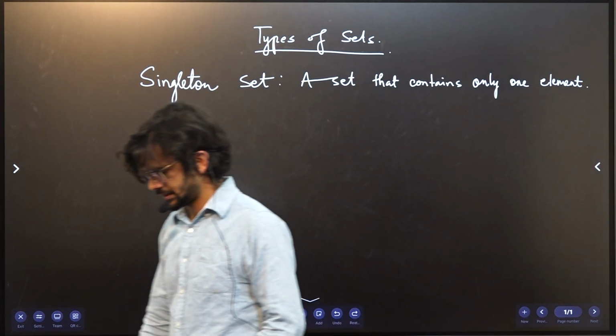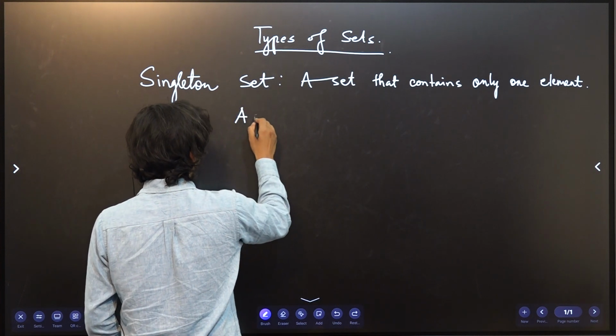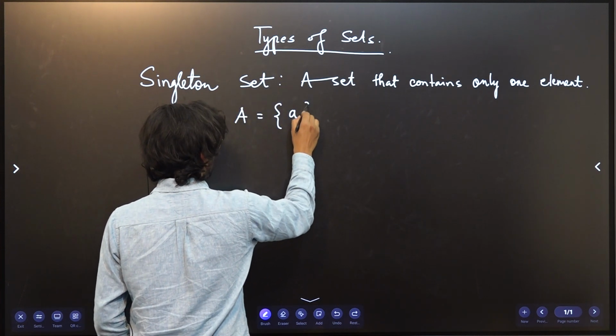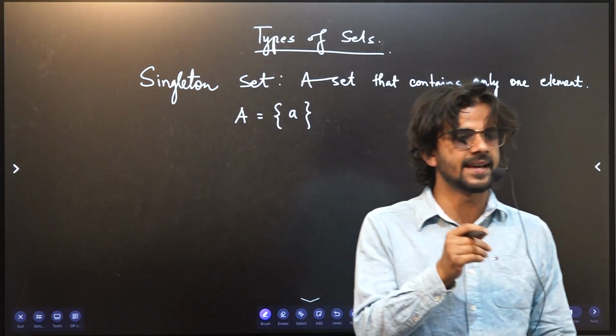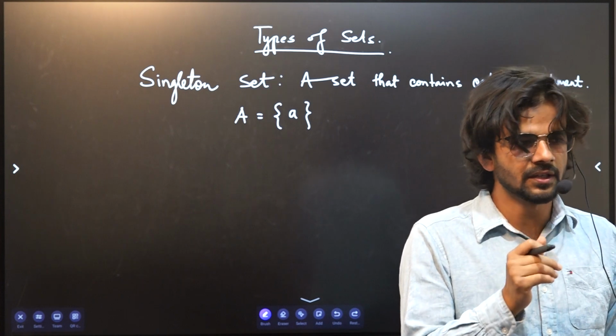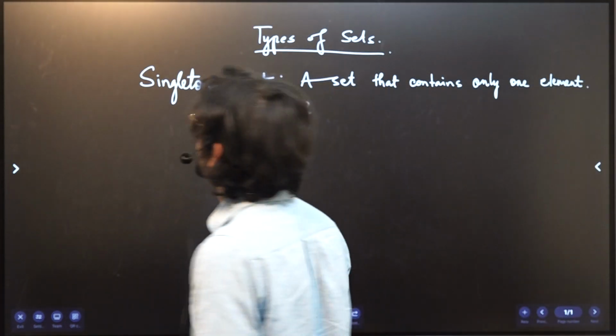Only one element. So for example, if I take set A equals to a set that contains an element called as A, it's a Singleton set. What is it? It's a Singleton set.